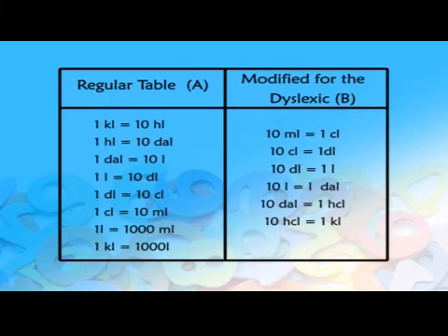Now, for a dyslexic child, what we have done is, if you see the side table, you will know that we begin with 10 ml, and in the last step only we come to 1 kiloliter, because it is easy for them to visualize something growing from smaller to bigger, rather than visualizing something coming from bigger to small.